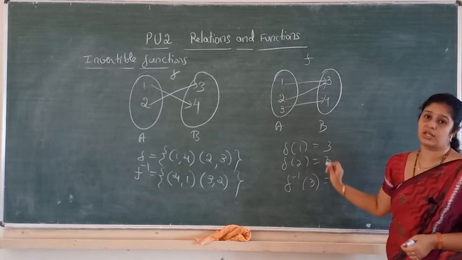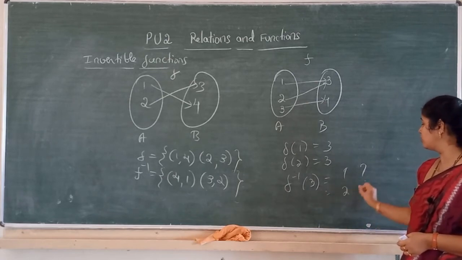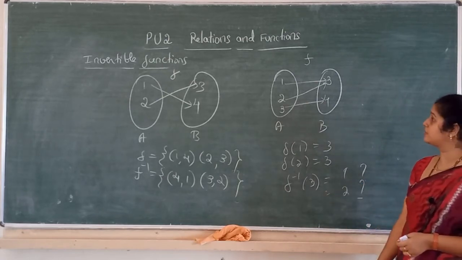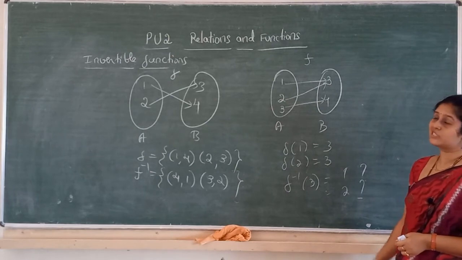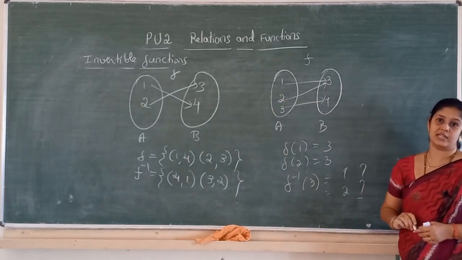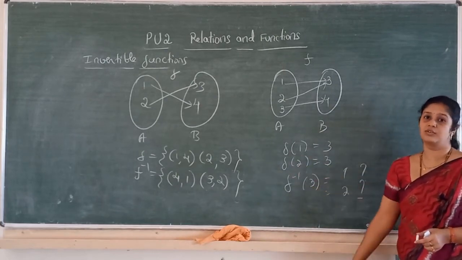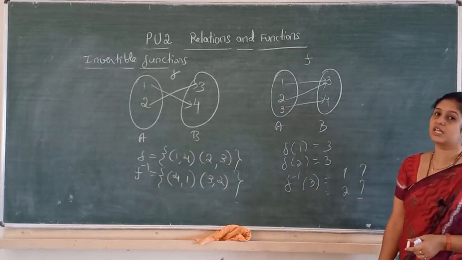Are you going to write 1 or are you going to write 2? Is that possible? No, that is not possible. So f is defined but f inverse is not possible because f inverse doesn't exist.